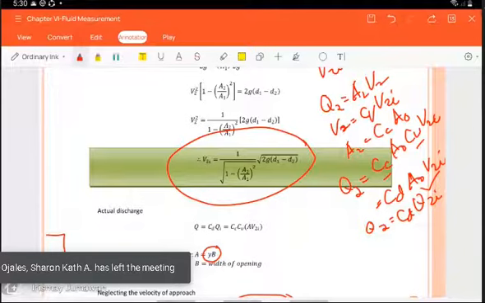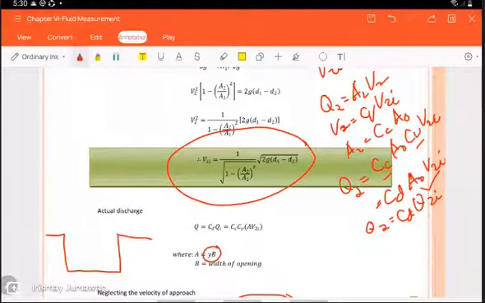I'm not a good drawer, but we can just imagine it. So this will be the gate and that is the opening. Maybe the length of the gate is also equal to the width of the channel.